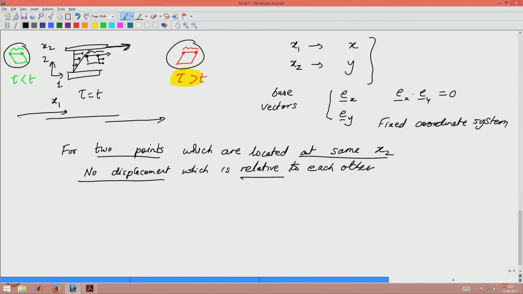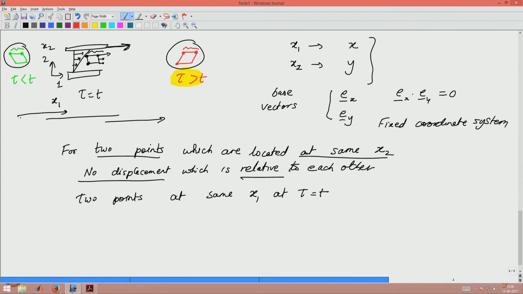And so, clearly if we look at the displacement gradient here, some components of the displacement gradient will be 0. However, if we take 2 points which are at the same x1 at the present time, in the past they actually would not have been at the same x1.